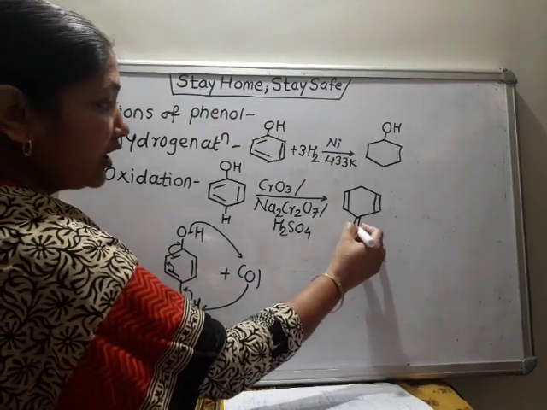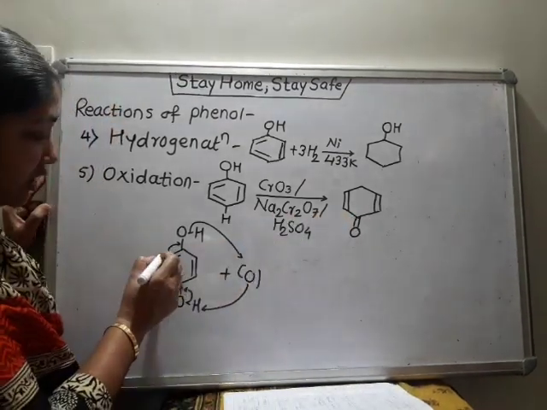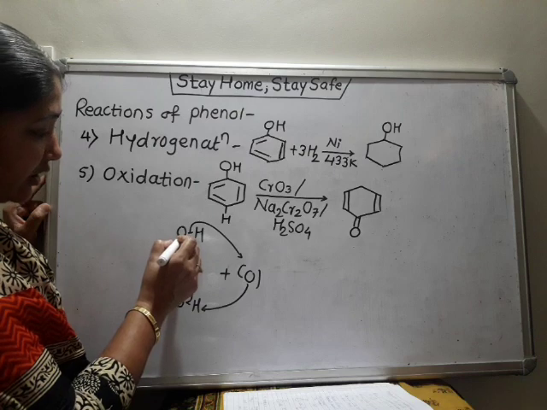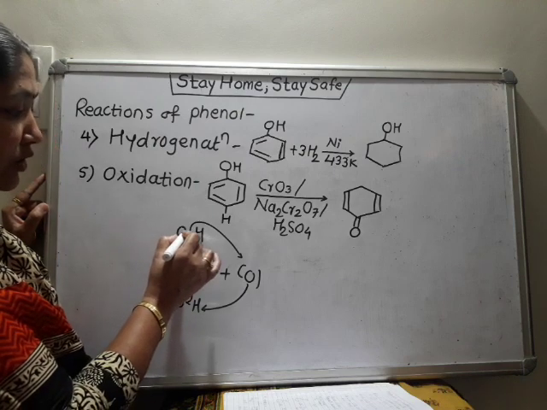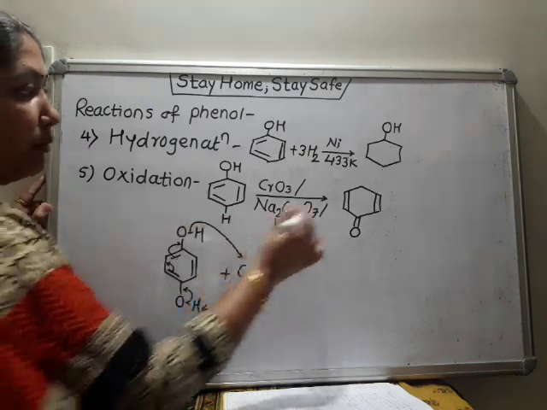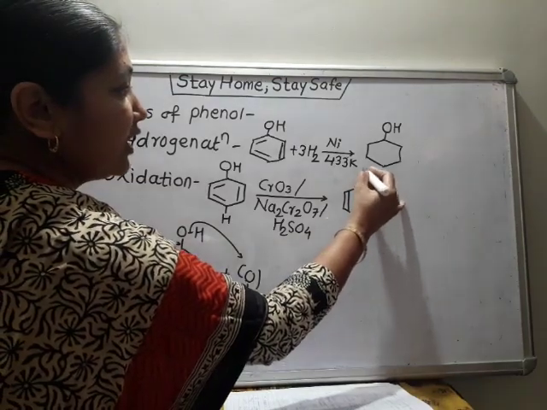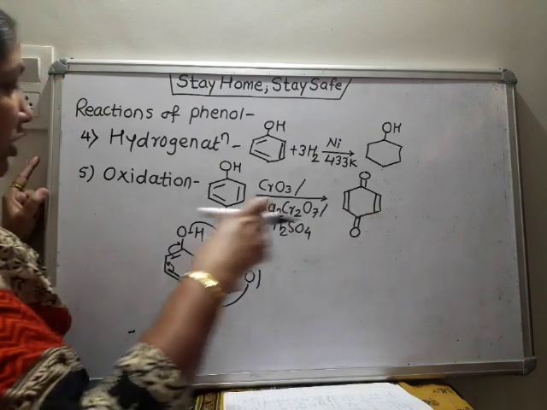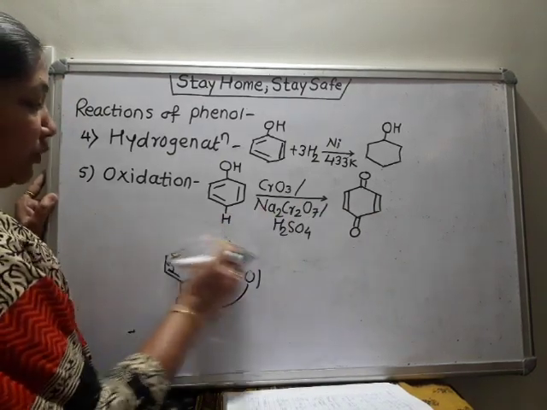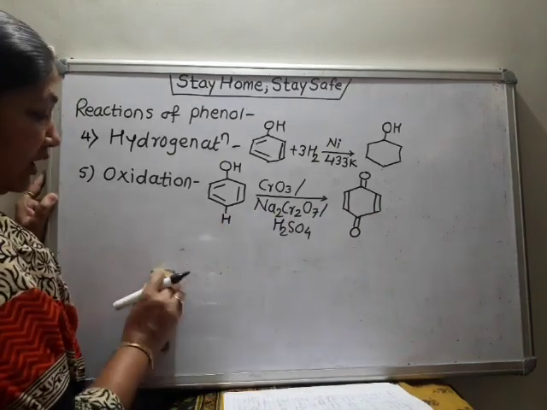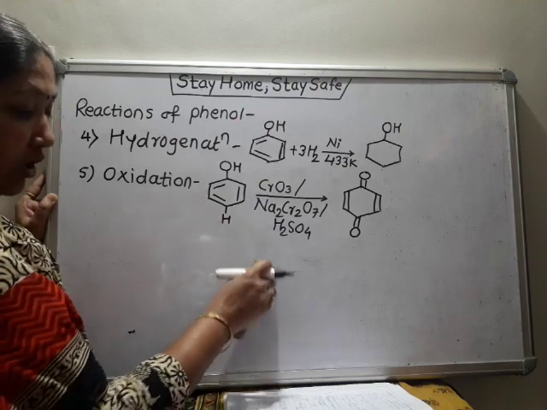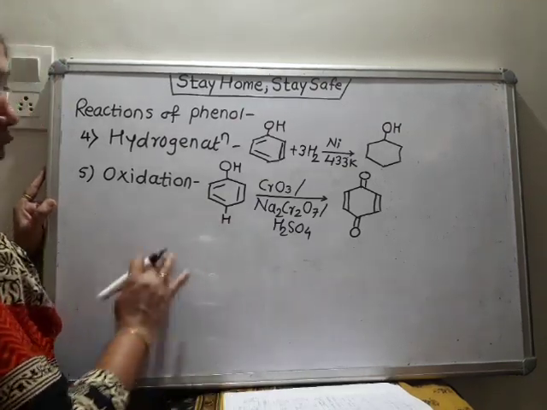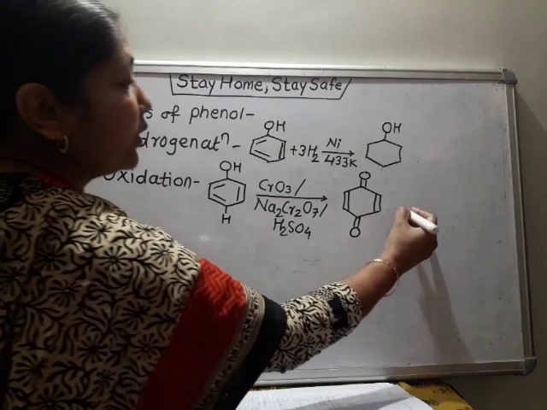So we get here double bond O, and here also this double bond breaks and a new bond is formed between carbon and oxygen and this OH bond breaks. So here we get double bond O plus H2, but they have not shown here water as byproduct. So we get byproduct in the reaction water, and the main substance formed is benzoquinone.